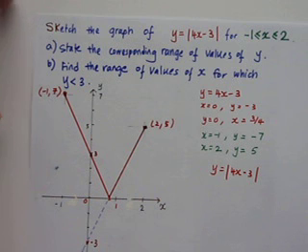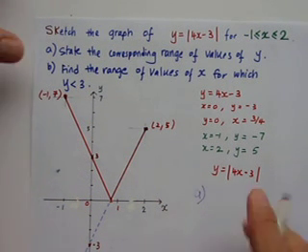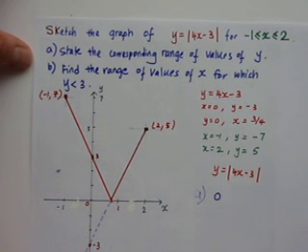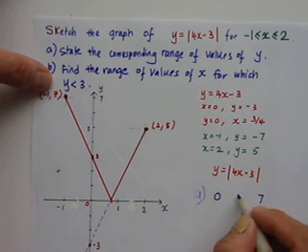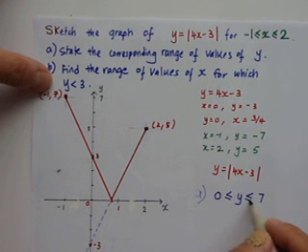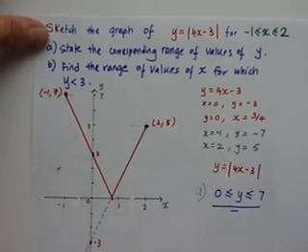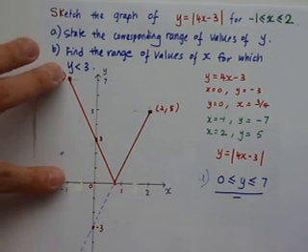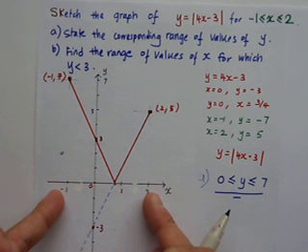So the smallest value is 0 and the largest value is 7. So that is the range of values of y. This is how you define the range of values of y, which is actually the extent of values of y given this range of values of x.